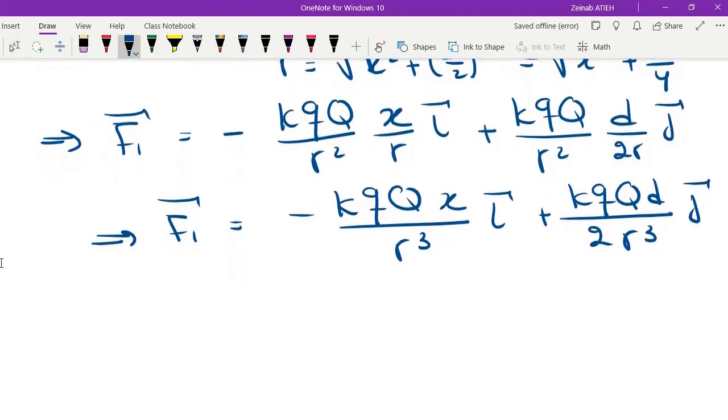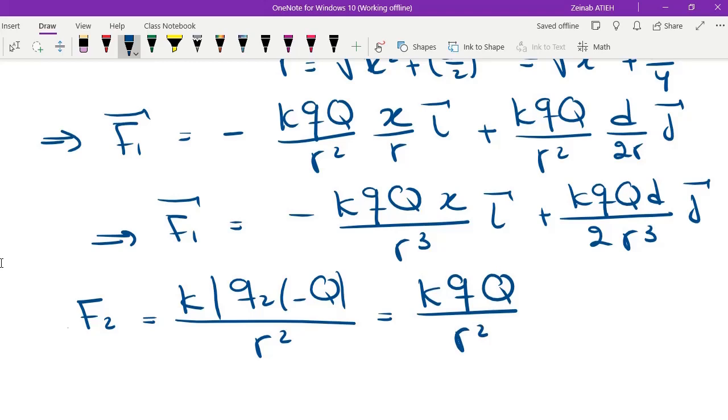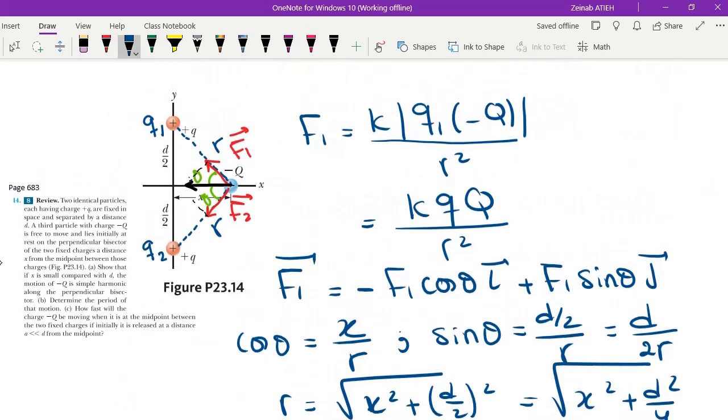Now I will do the same for f2. First I find the magnitude. f2 is the force exerted by q2 on minus q. So it's equal to k absolute q2 times minus q, of course everything over r squared. Of course everything appears as absolute value, positive, so it's kq over r squared. Now the r up and the r down are the same. Why? Because we have some sort of an isosceles triangle and you can see that everything is symmetrical.